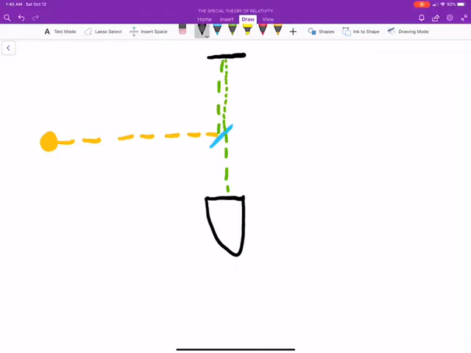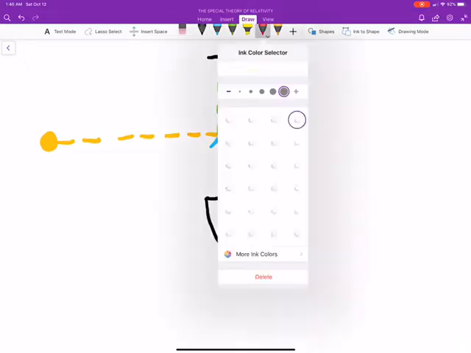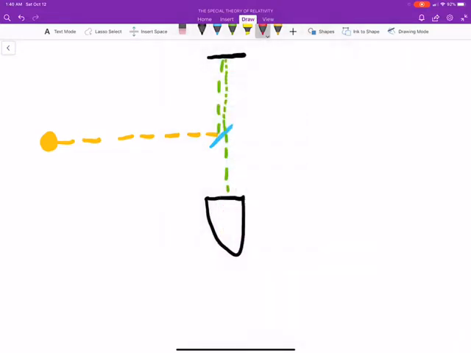And then the same light, I'm going to use a different color just to show that it's taking a different path. Some of this light is going to go through, and it's going to hit another mirror, and then it's going to bounce back and hit this guy, and then these guys are going to merge into one light.